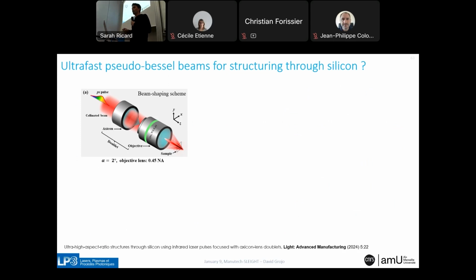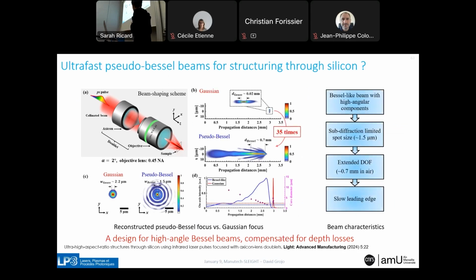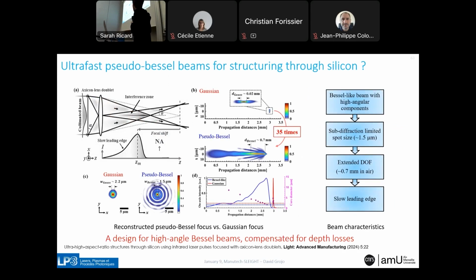So for instance, there is a large matter of applications with the use of what people call Bessel beams, which are non-diffractive beams that allow to make high aspect ratio structures inside materials. So the idea is that you can maintain the spot size over very long distances and directly write channels inside the materials.